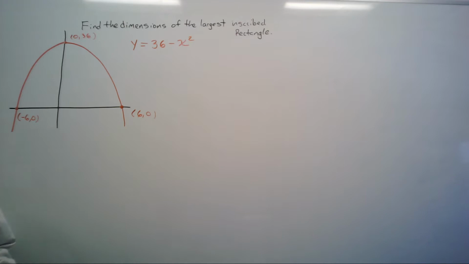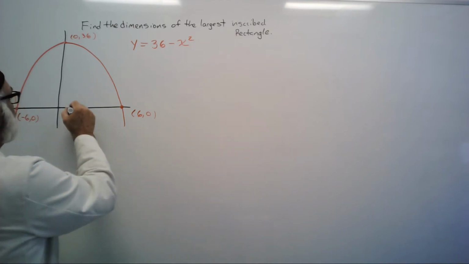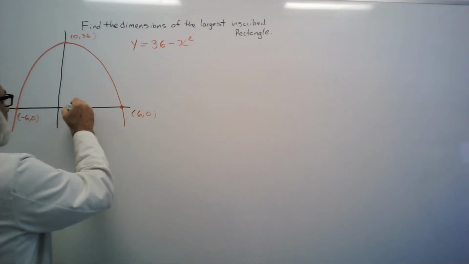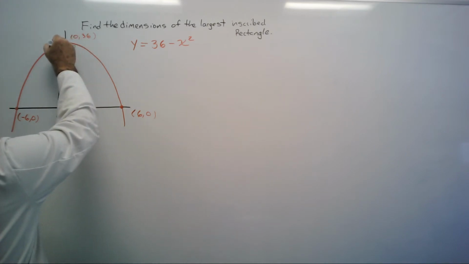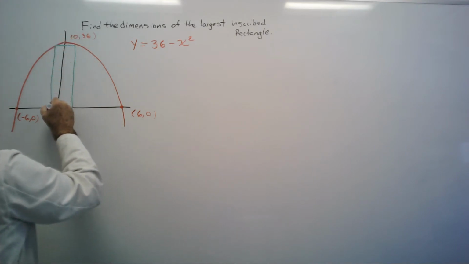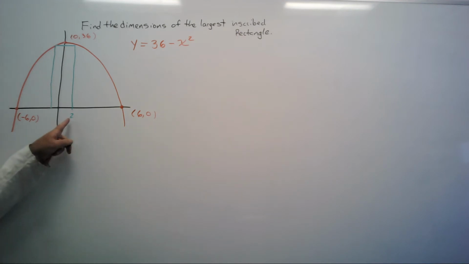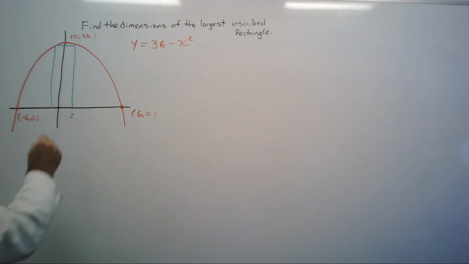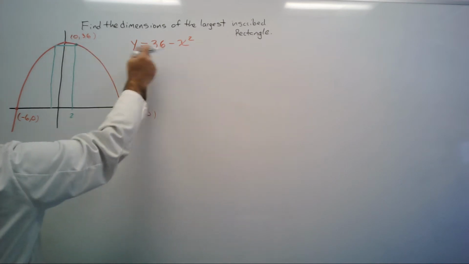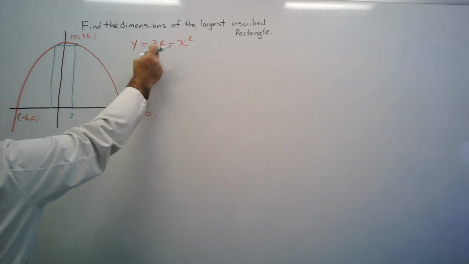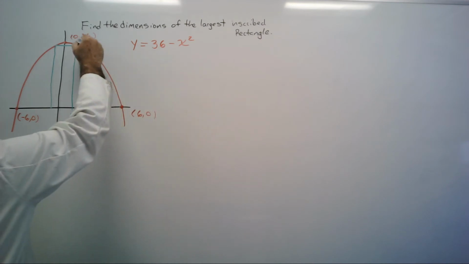If we let x equal 2, and we inscribe a rectangle, well, when x is equal to 2, 2 squared is 4, 36 minus 4 is 32.